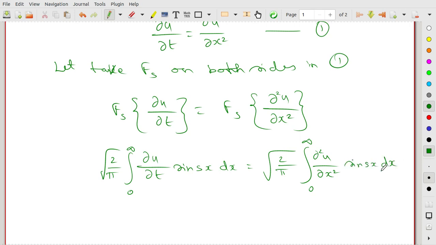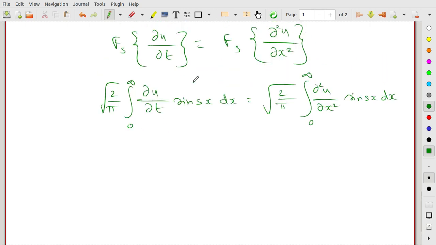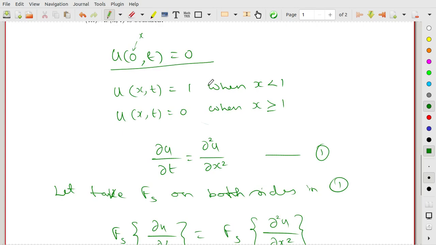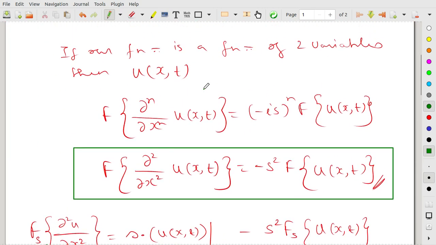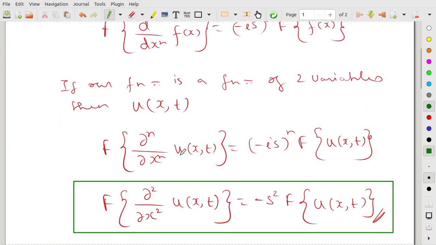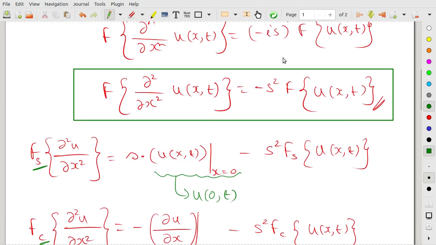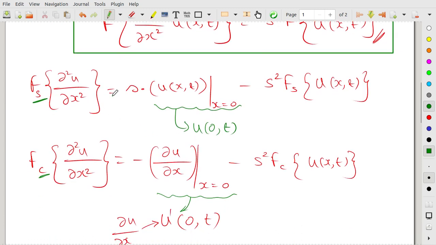And the Fourier sine transform of dou u by dou t, we have already worked this out, is the first derivative. So we have to substitute n equal to 1, therefore we have a minus s. We have to use the sine transform.